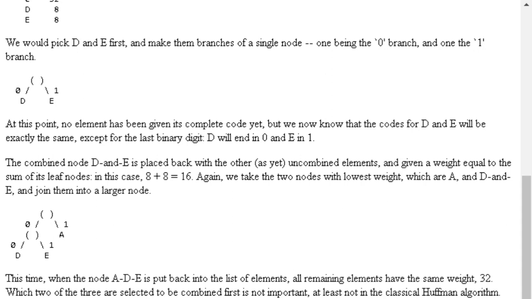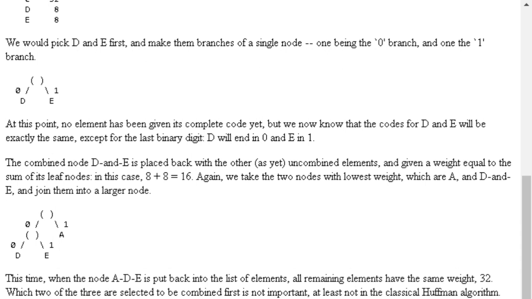D will end with 0 and E with 1. So we are building this tree in reverse, it looks like, which is different than what I've seen in tutorials, so this is good, because it's different.